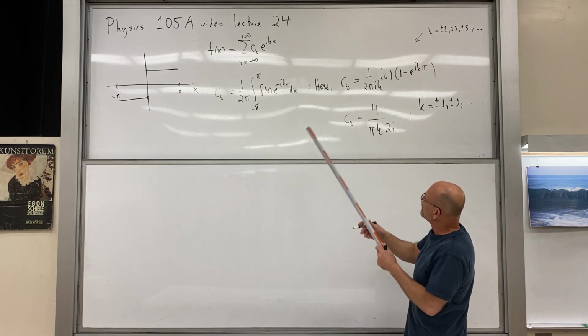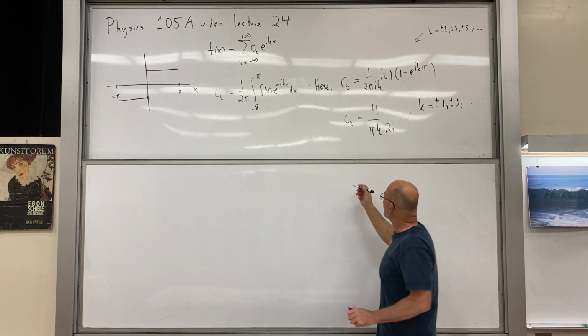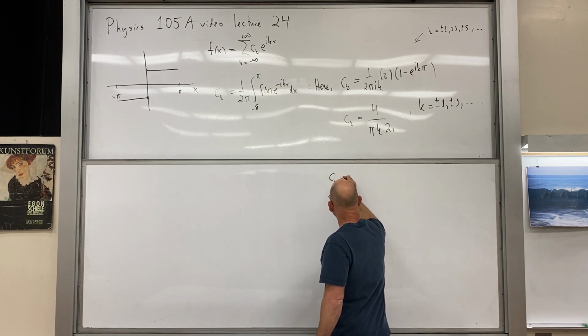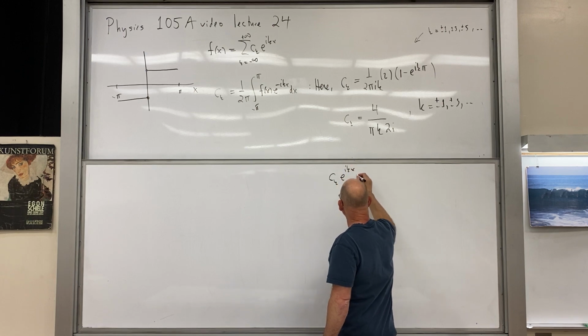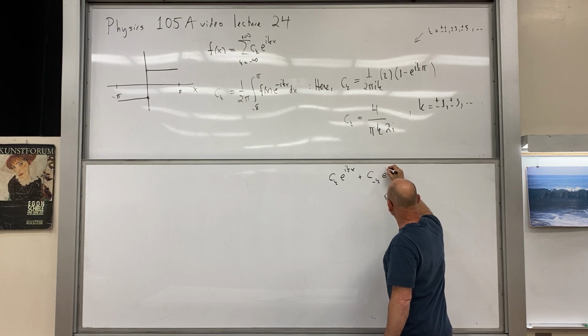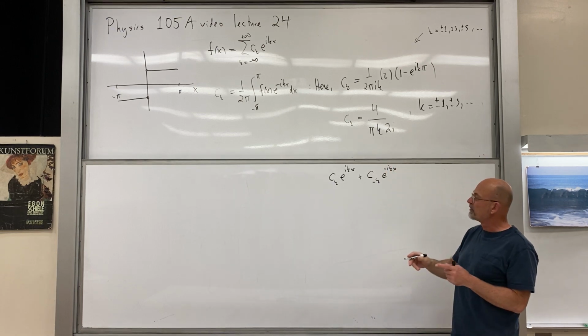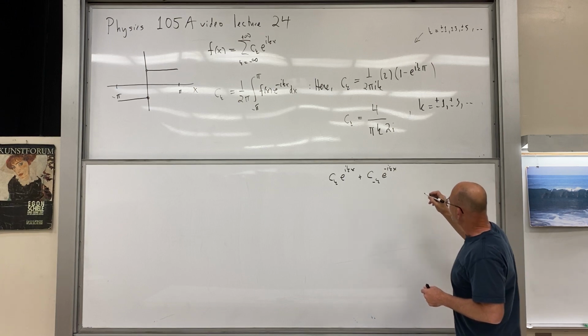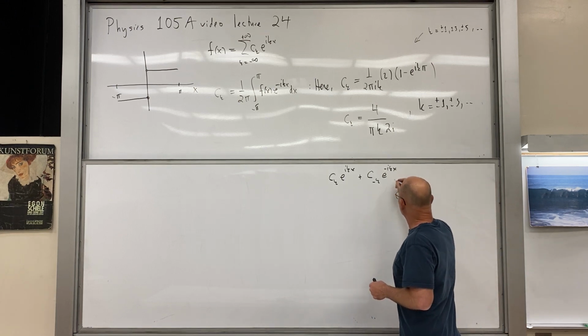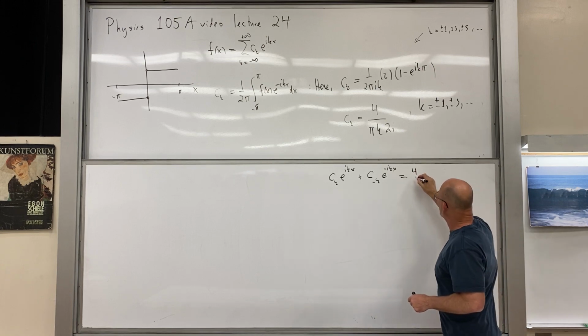I had pointed out that these things show up pairwise. So what we're looking for is c sub k e to the I kx plus c sub -k e to the minus I kx. So they show up pairwise. And in our case, we have 4 over pi times k.